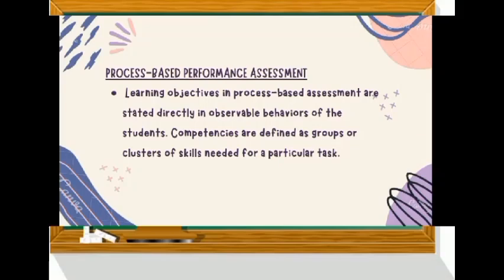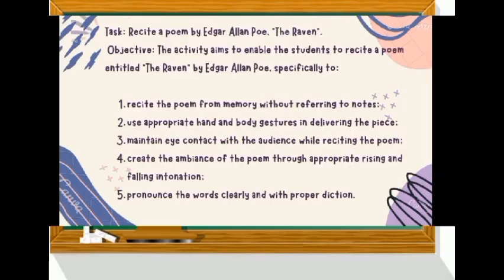The learning objectives in process-based assessment are stated directly in observable behaviors of the students. Competencies are defined as groups or clusters of skills needed for a particular task. The objectives focus on the behaviors which exemplify the best practice for the particular task. Such behaviors range from a beginner level up to the level of expert.